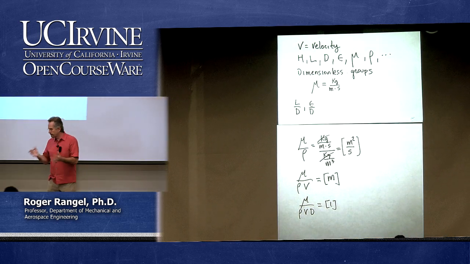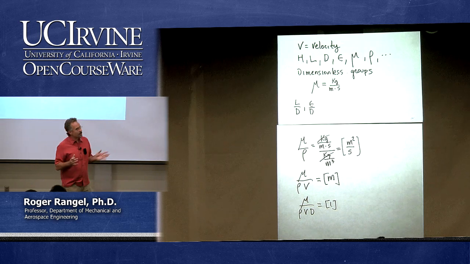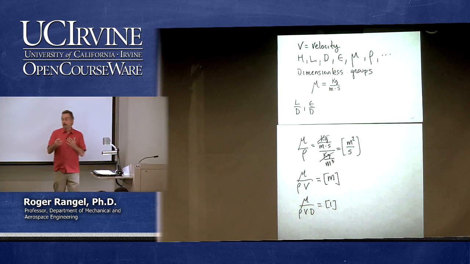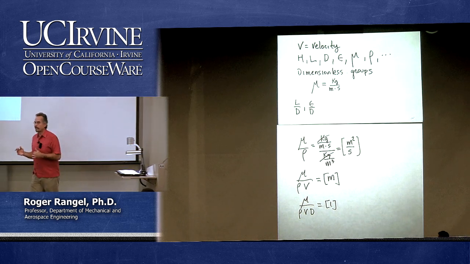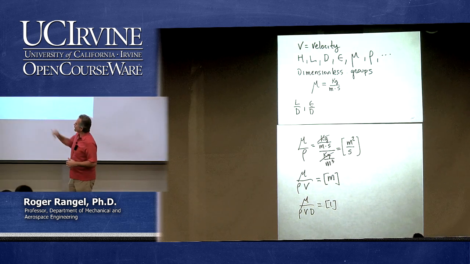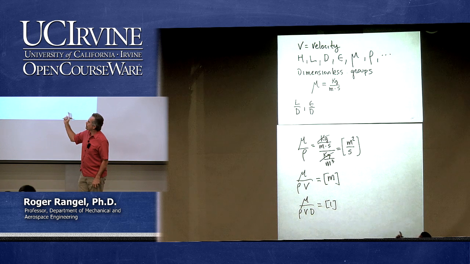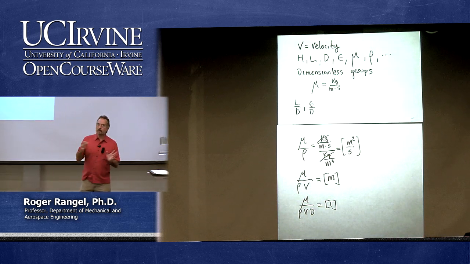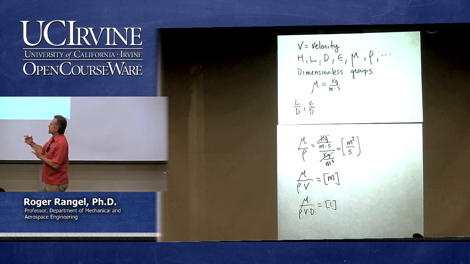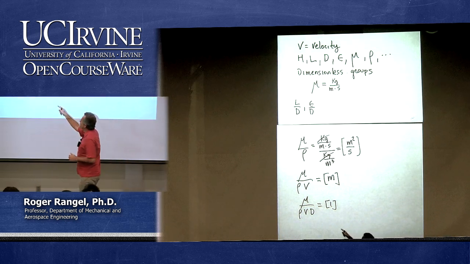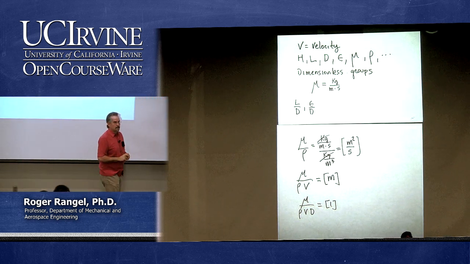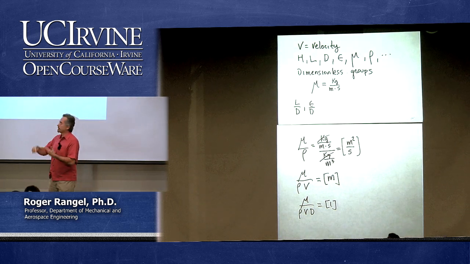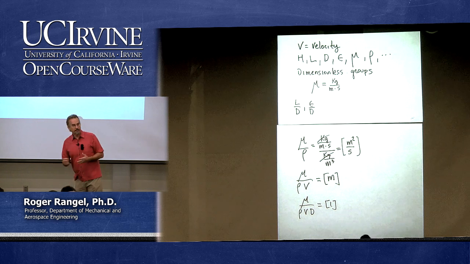So we did it sort of, it was not quite trial and error, of course, because I knew what to do, but that's the way you would do it if you're just trying to do it by trial and error. So we find that this combination, mu over rho v d, is dimensionless. So the point is that I could just maybe do a series of experiments where I change this quantity rather than changing separately the diameter or the velocity or the density or the viscosity.